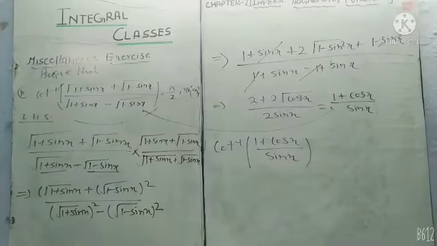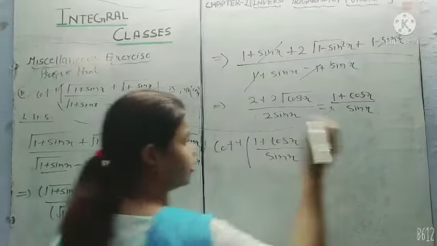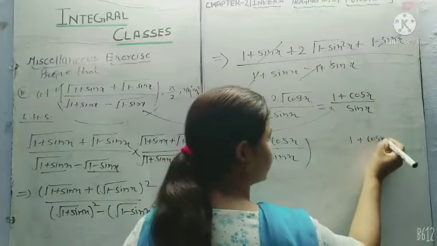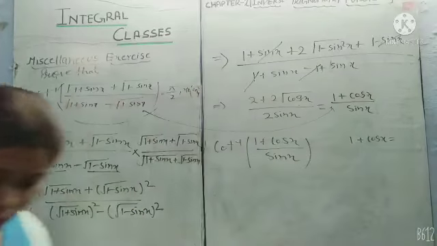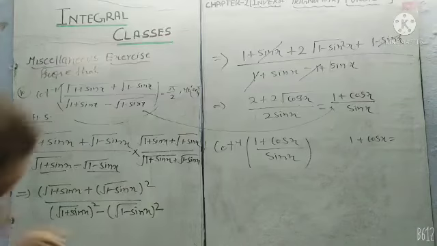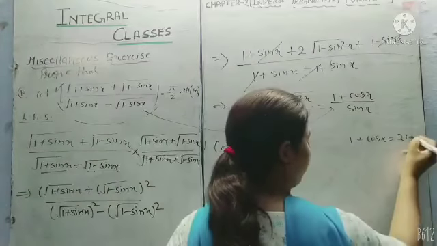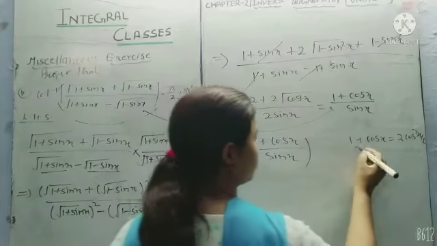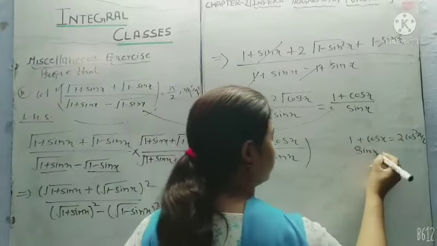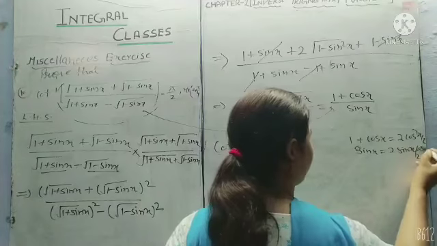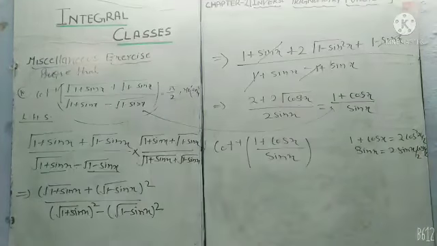We know that here. Now student, again we will apply the trigonometric formula. 1 plus cos x is equal to 2 cos square x by 2, and sin x is equal to 2 sin x by 2 and cos x by 2.